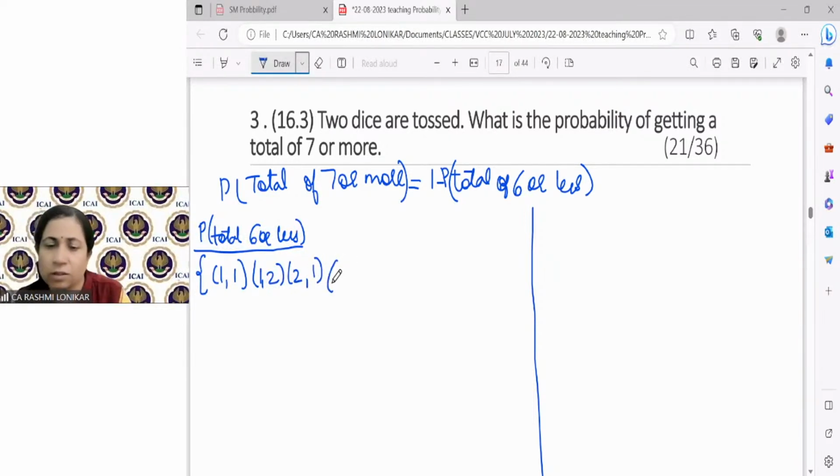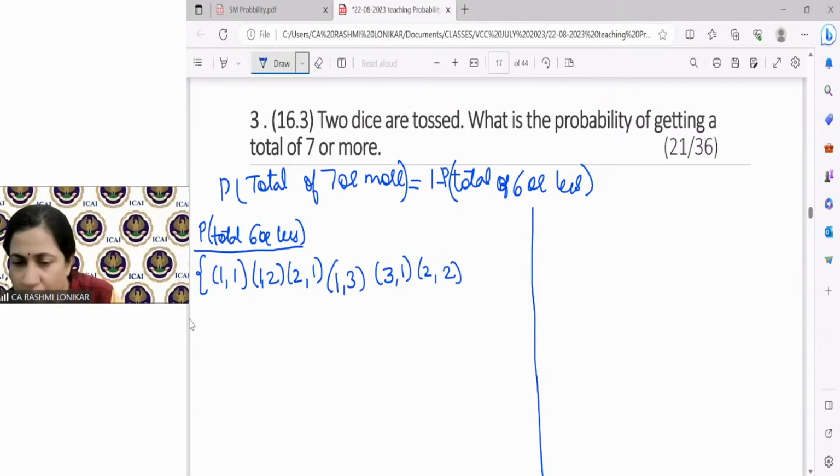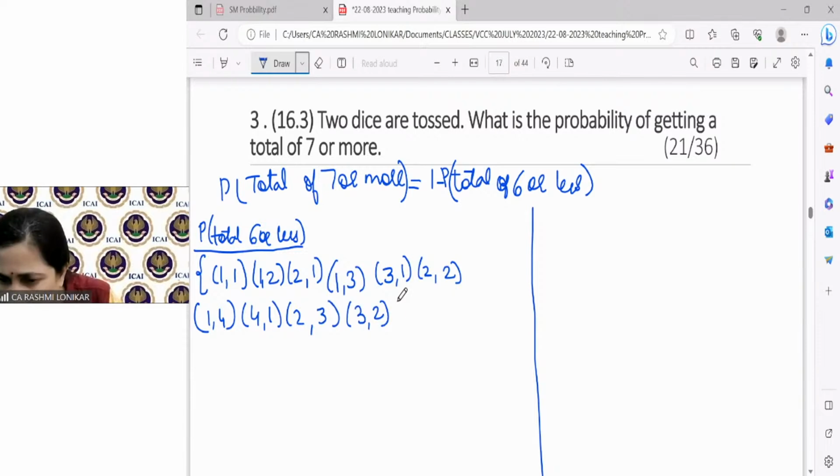Then 4: 1, 3, 3, 1 and 2, 2. Then 5: 1, 4, 4, 1, 2, 3, 3, 2.